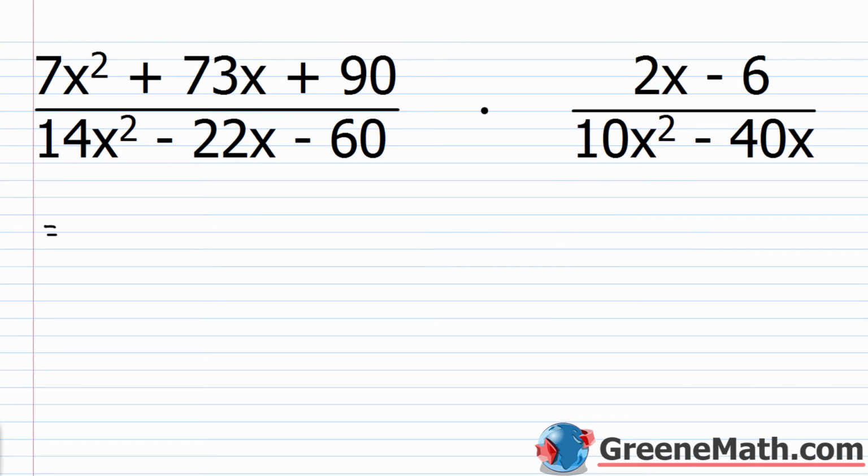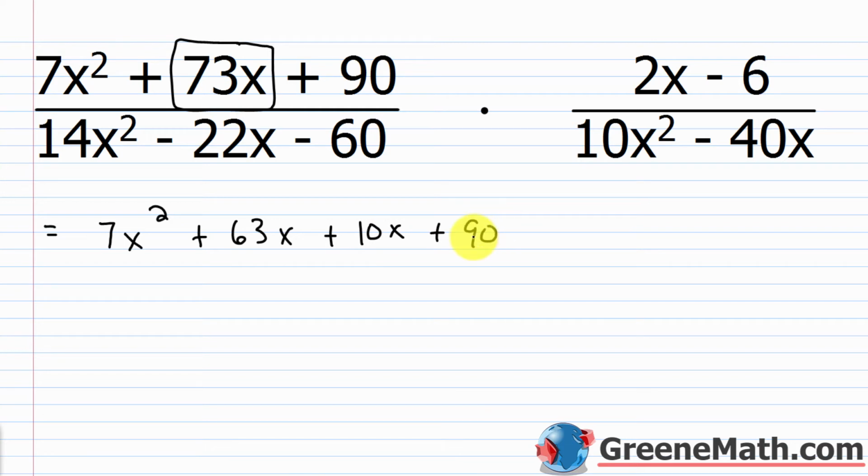Let's erase this. I'm going to use those two integers to rewrite this middle term here. So I'm going to say that we have 7x squared plus 63x plus 10x plus 90. Again, I took this middle term, 73x, and I wrote it as 63x plus 10x. Didn't do anything illegal. Now I'm going to factor by grouping. So from the first group, I could pull out a 7x, and I'd be left with x plus 9.